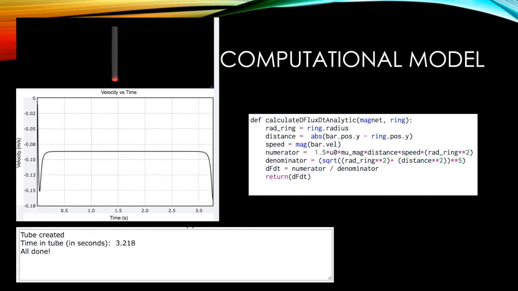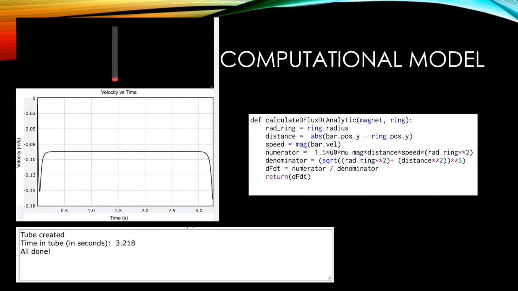To complete my computational model, I first set up the initial conditions that I used in my experimental model. I then calculated the magnetic field at the position R relative to the magnet, which then I found the change in flux over change in time, as seen here on the right, through each ring from the falling magnet. I then used Faraday's law to calculate the induced current in the solenoid.